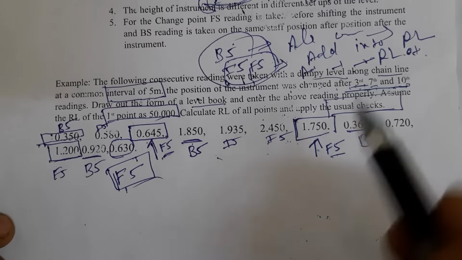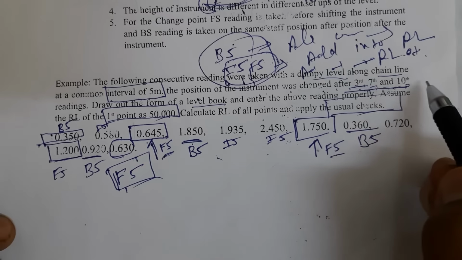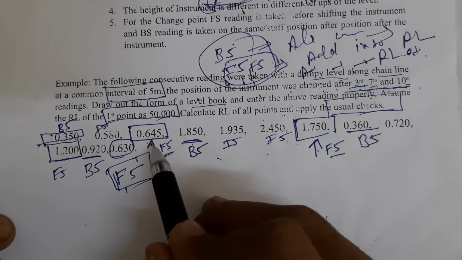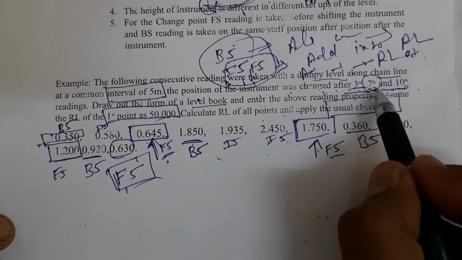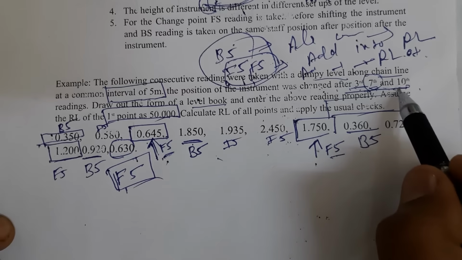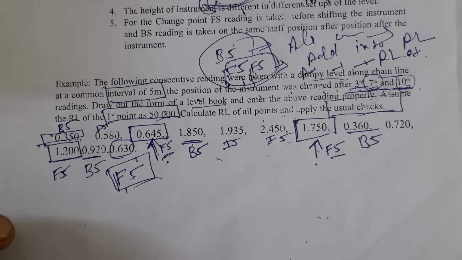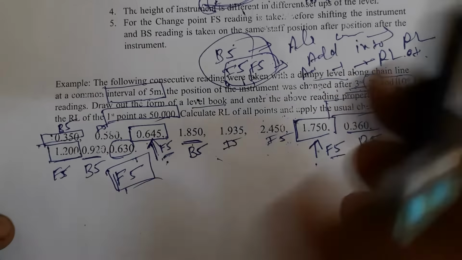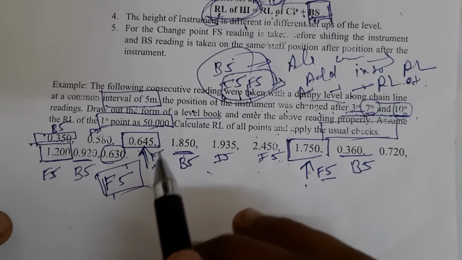Once again I repeat: when the level instrument was changed at the 3rd, 7th and 10th, at the 3rd position it is a foresight, when it changes at the 7th, it is a foresight, and at reading 10 it is a foresight. And next, after changing the station or instrument, when we measure the first point of an RL, it is BS.